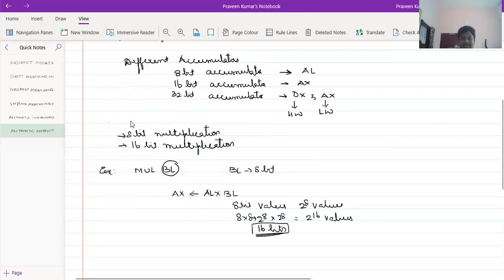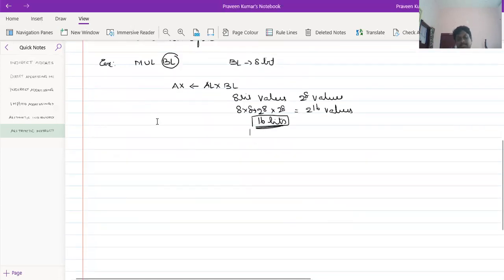So at a maximum, if I multiply 8-bit into 8-bit, the size is 16-bit itself. I'll take an example to explain this in the worst case scenario, where AL has FFH and BL has FF. These are the largest values which an 8-bit accumulator can have.